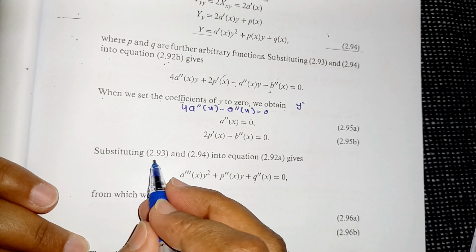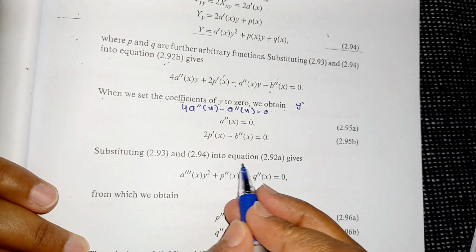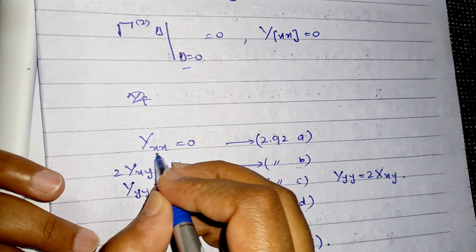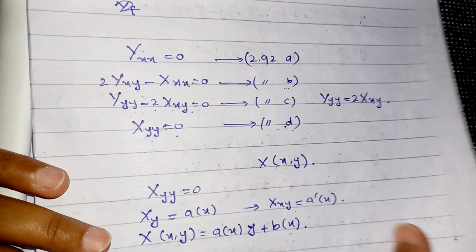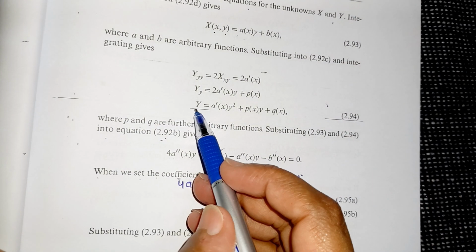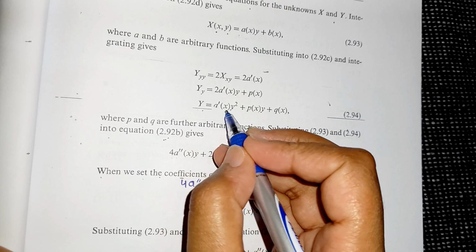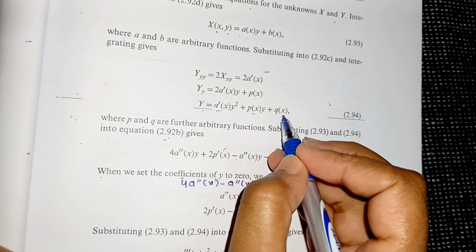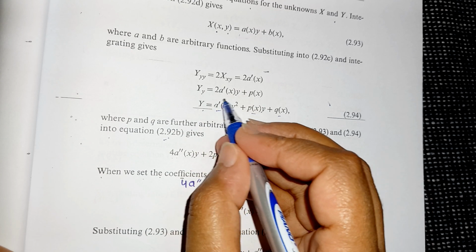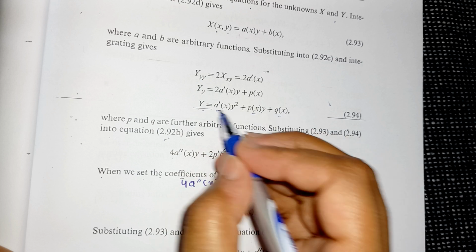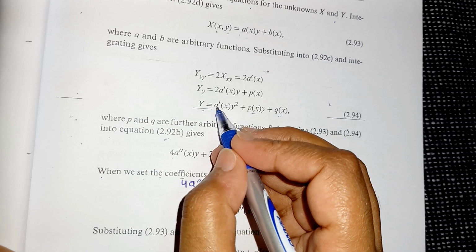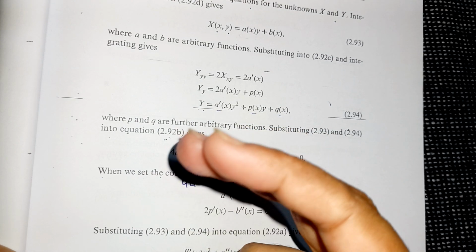Now students, substituting 2.93 and 2.94 into equation number a, and equation number a is this one, y of xxx is equal to 0, you just need to find the value of y of xxx, the double derivative with respect to x. These are functions of x, so you just take the derivative of these functions twice.